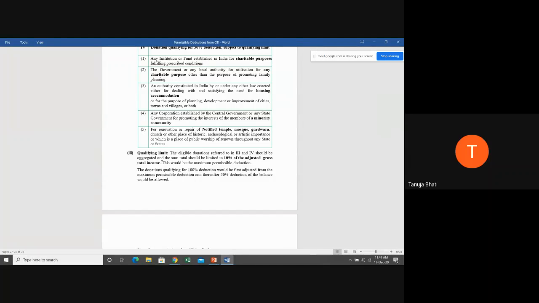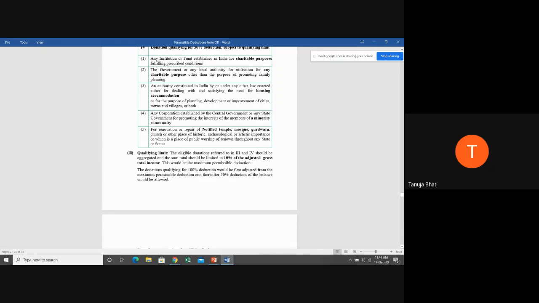First you're going to use that limit for category 3, that is 100% deduction, and then category 4, that is 50% deduction. So for 50% deduction, you have a limit of 30,000. And suppose you have made a contribution of 40,000, you have only a 30,000 limit, so you can claim deduction only 50% of 30,000. This you will better understand when we solve the problems.